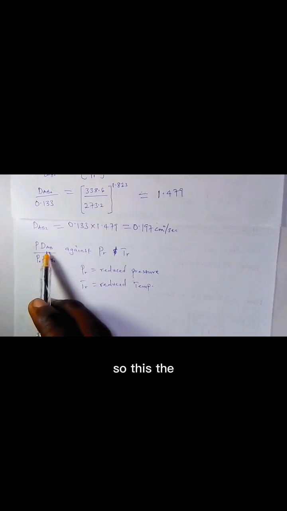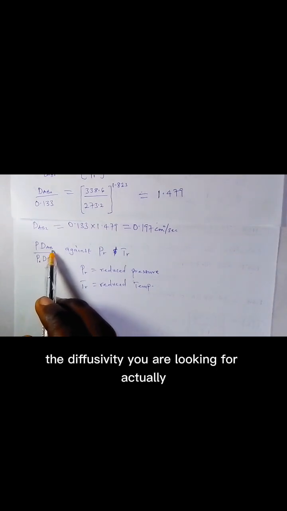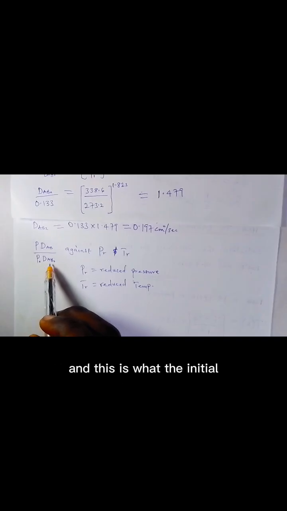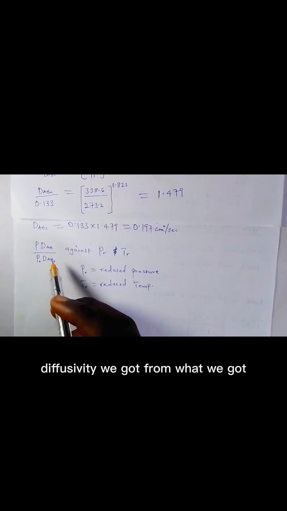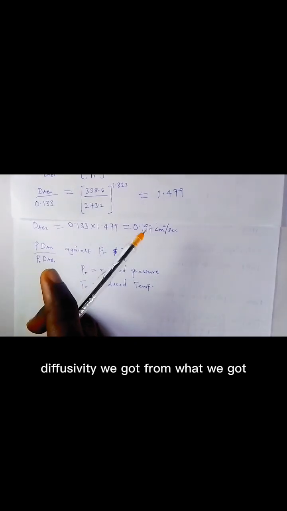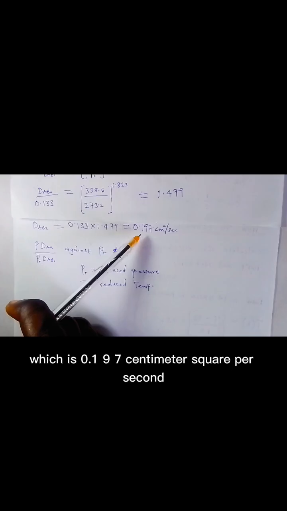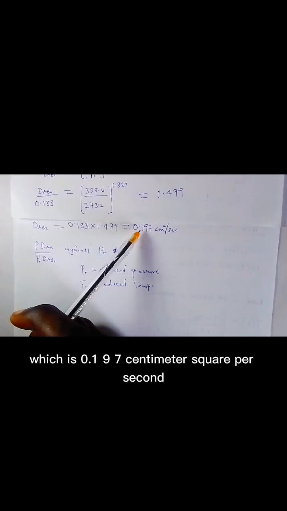So this is the diffusivity we are looking for actually. So this initial pressure from example 1, and this is the initial diffusivity we got while standardizing at the second temperature, which is 0.197 centimeters square per second.